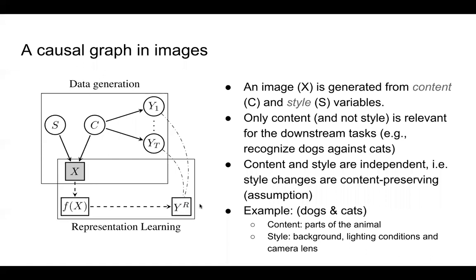Yeah, this Y. Okay, first the Y1 until YT in the subscript means downstream tasks. In a computer vision task, for example recognizing dogs and cats can be one downstream task, and when we have many downstream tasks, it is Y1 until YT, meaning T downstream tasks. And here the Y^R means refinement.